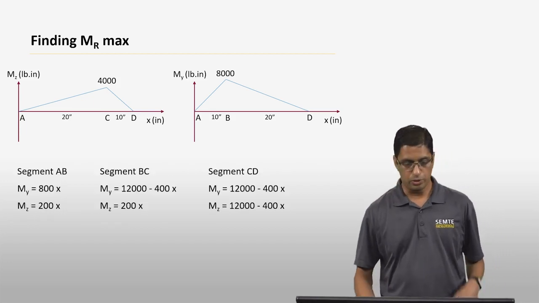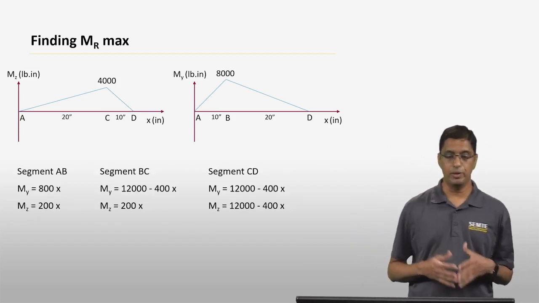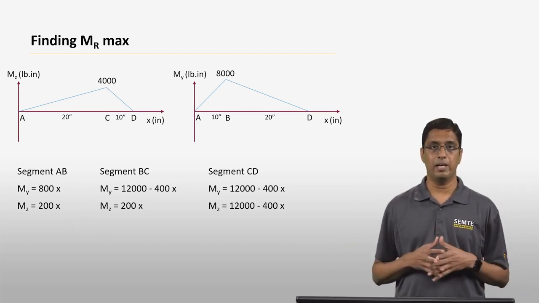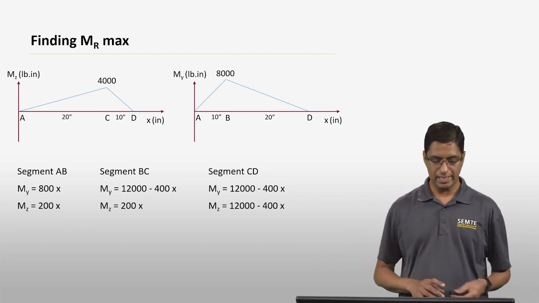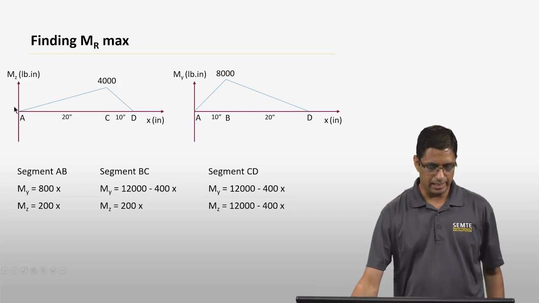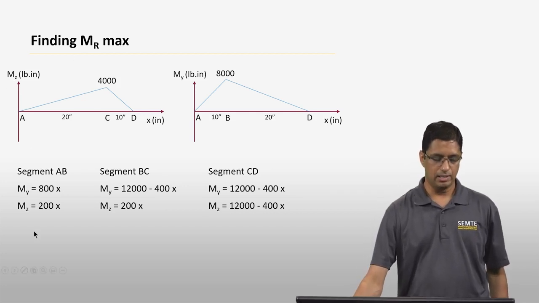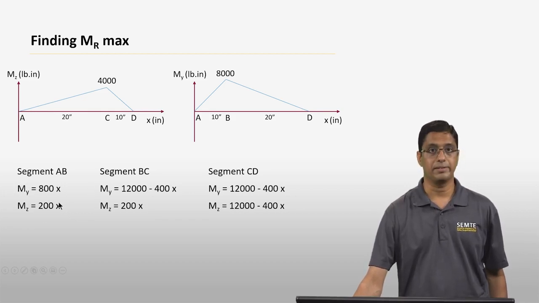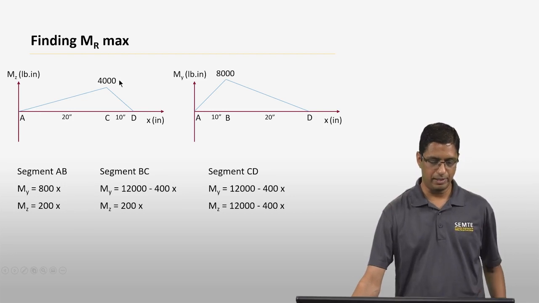To make it a little bit more clear, if you look at this bending moment diagram, Mz and My as a function of x, and you look at the Mz diagram, then for segment AB you have Mz equal to 200x. That is just this straight line over here, and it extends all the way till point C. So Mz is 200x both in AB as well as in BC.